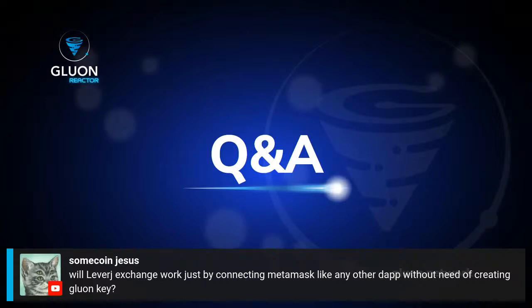The second is the entire UX issue, where you have to create a Gluon key, you have to do a deposit, and when you want to do a withdrawal, you have to initiate the withdrawal and then wait for half an hour and complete the withdrawal. We wanted to eliminate this as well. And the third, of course, is the whole geofencing issue and so on. So the Gluon Reactor essentially addresses these 3 major problems. It addresses others as well, but these are the 3 major goals.